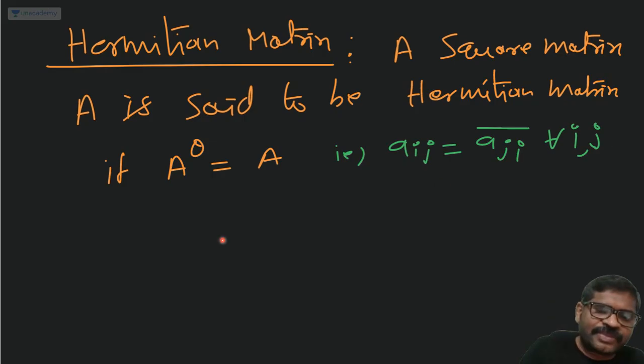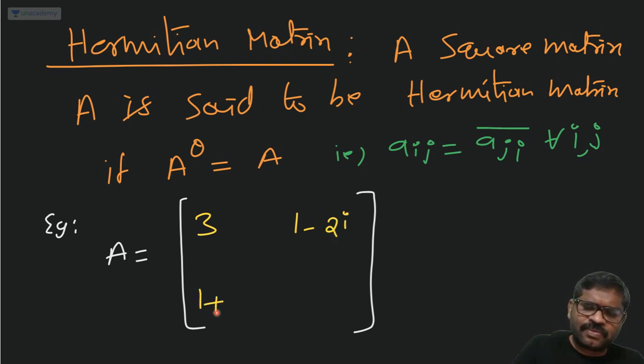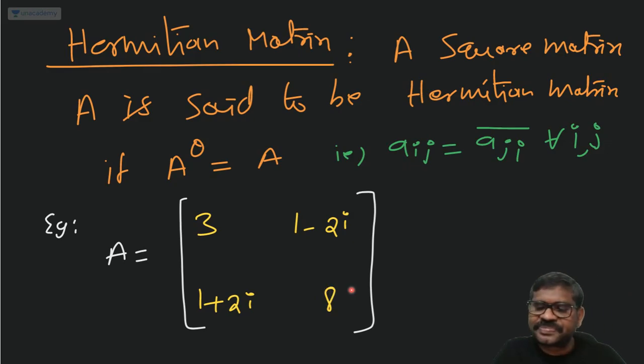For example: 3, 1 minus 2i, 1 plus 2i, 8. One minute, observe. While writing the example, two observations we have.